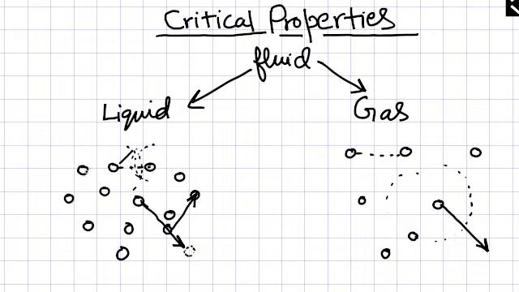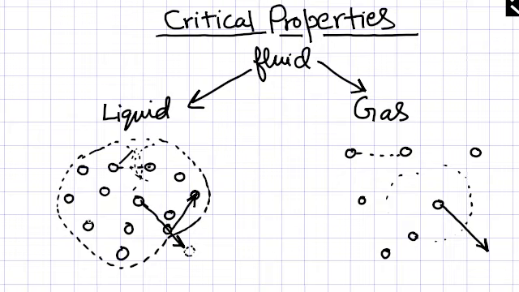So you will see that liquid will be confined to a certain boundary, and within this boundary the molecules will be moving. Molecules of liquid will go like this, but they will never leave the boundary. That's why you can have a liquid inside a container like this.